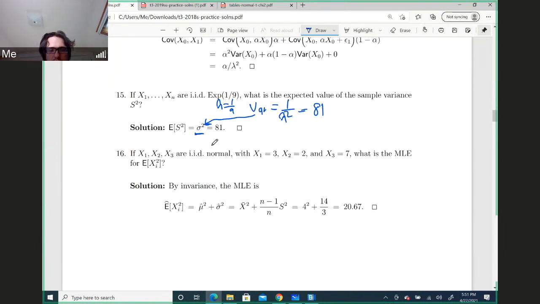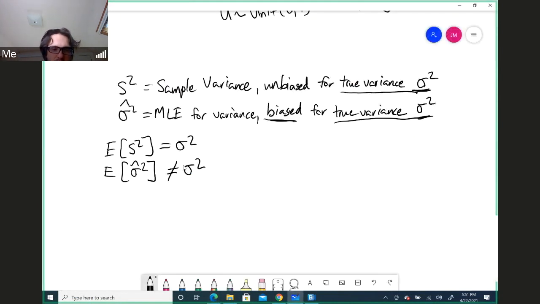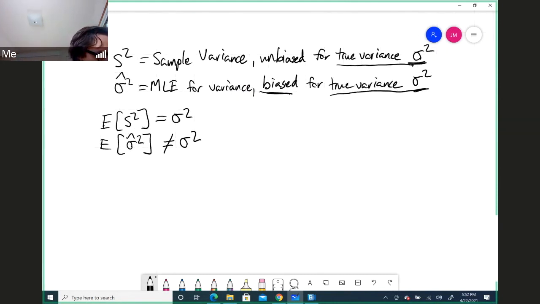Another thing they might ask is, what is the expected value of the maximum likelihood estimate for the variance? In that case, there's a relationship between the expected value of this one and this one, and it's a factor of n minus 1.